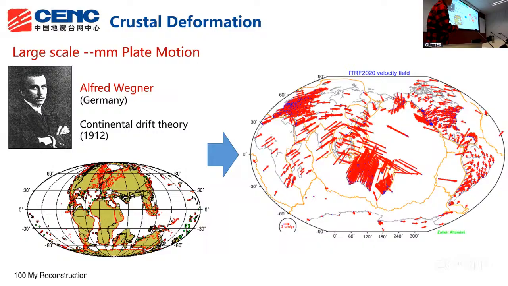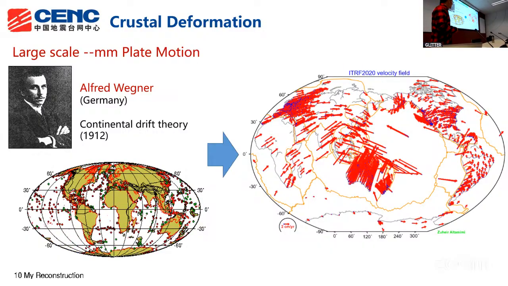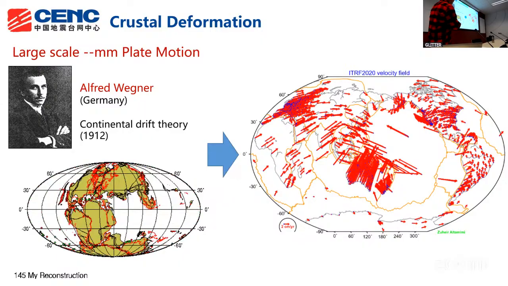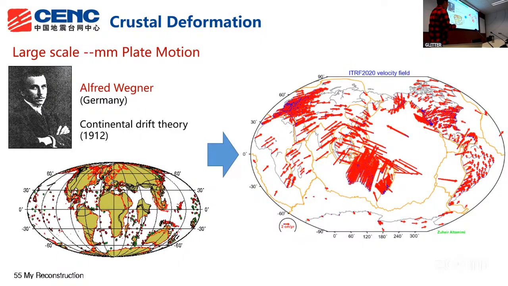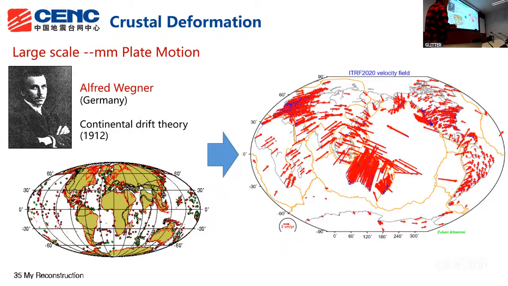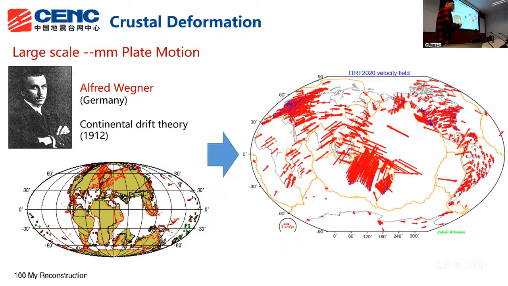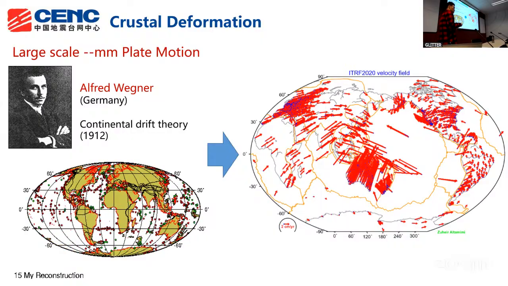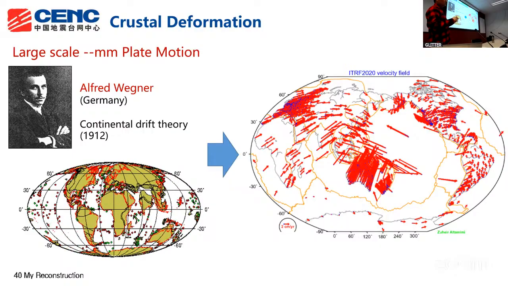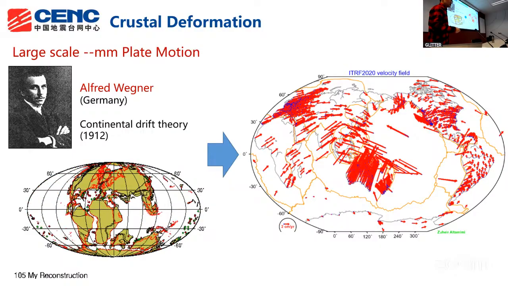The first is crustal deformation. Since Alfred Wegener proposed the continental drift theory in 1912, scientists worldwide have wanted to find a direct way to quantify the motion of the plates.